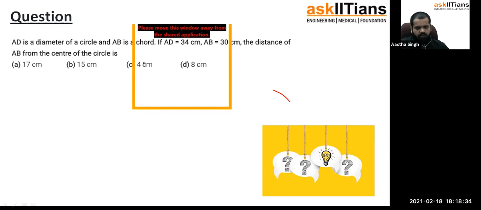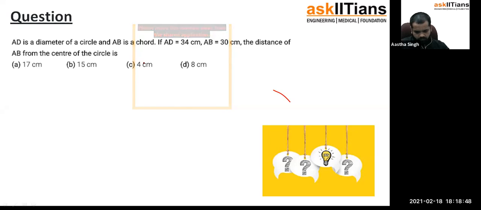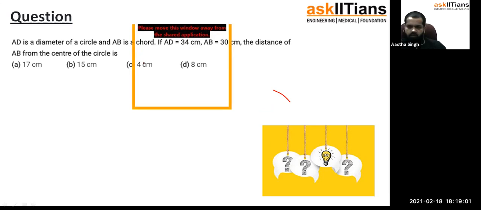Pause the video or first draw the diagram and try to calculate. So the question is, if AD is a diameter of a circle, any circle, and AB is a chord.